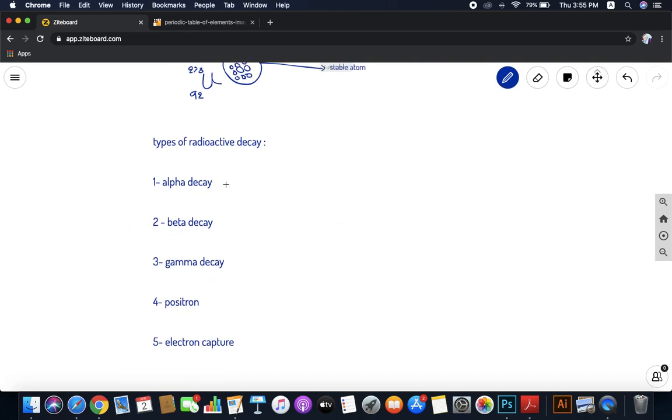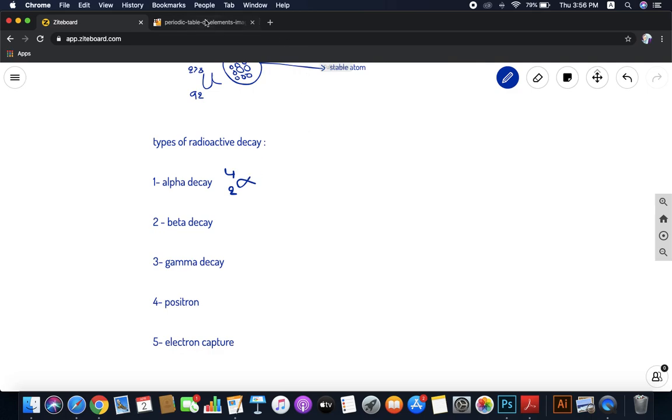Here, for example, alpha, the symbol of alpha is like this. This is alpha. It has 4 atomic mass and 2 protons. 4 is the atomic mass, which means the number of protons and neutrons inside the alpha. 2 is the proton, so 2 is the charge of alpha. So alpha has 2 positive charge and 4 atomic mass.